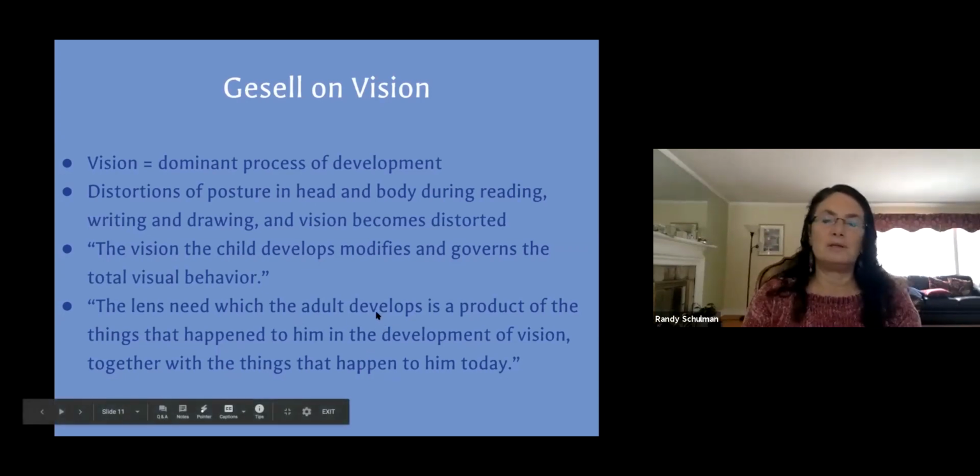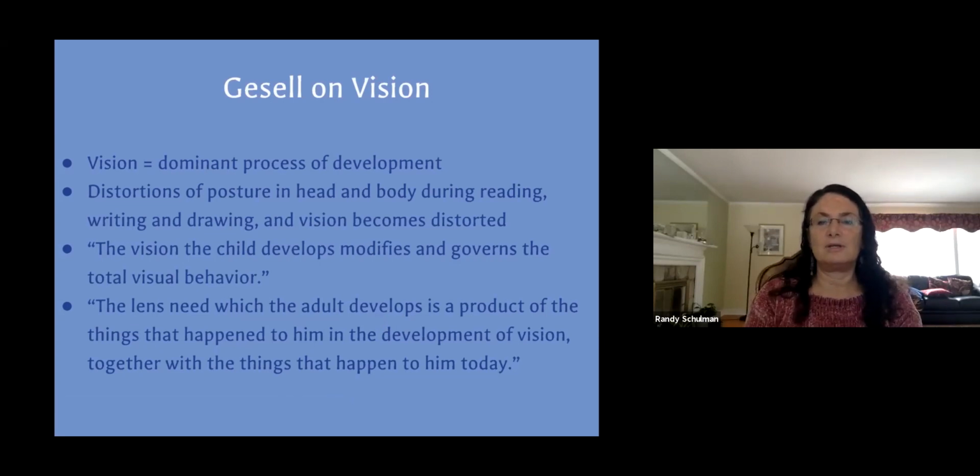And that vision will guide the development in other areas. So he talked about finding the proper lens that will allow either the child or the adult to be able to engage with the environment and to have that vision develop and or not impact the rest of the body.